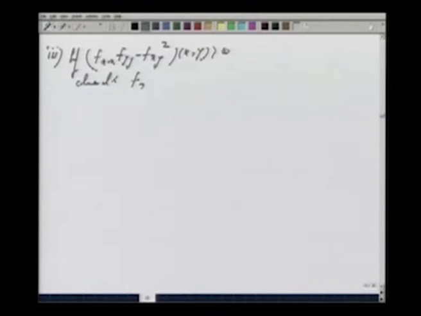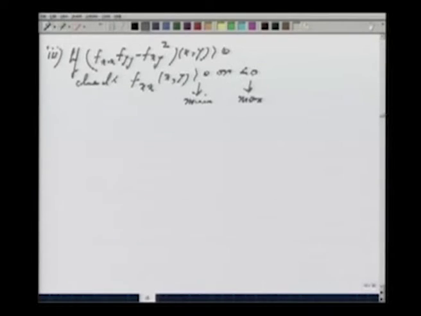Third step is, if fxx fyy minus fxy square at x, y, that means at the critical points, is bigger than 0, check what about fxx, bigger than 0 or less than 0. Depending on that, if it is bigger than 0 then I get minimum, if it is less than 0 I get maximum.